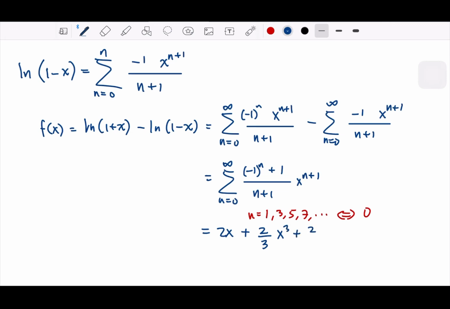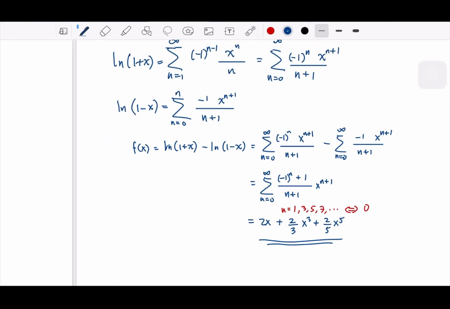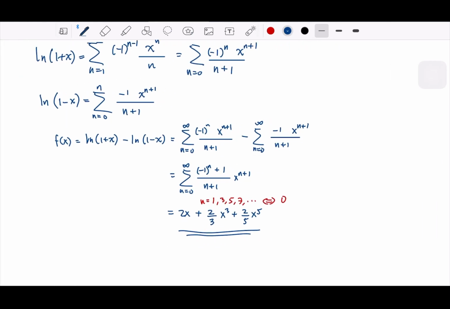And then similarly, we will have x to the 5. So these will be the three non-zero terms. Well, no need to write all, just 3 non-zero terms, okay.